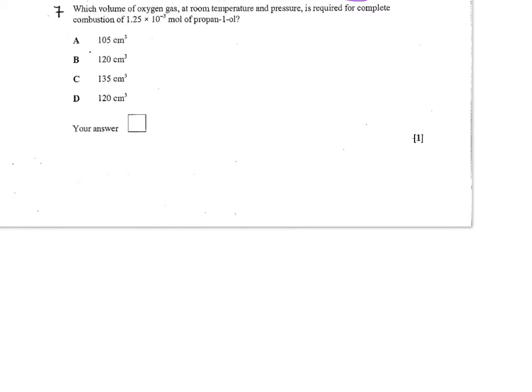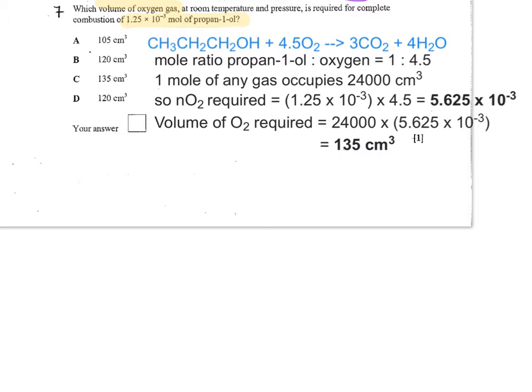So that asks us the volume of oxygen gas at room temperature and pressure required for complete combustion of that particular amount, 1.25 times 10 to the minus 3 moles of propan-1-ol. The first thing to do is the equation. So it's fairly simple working.